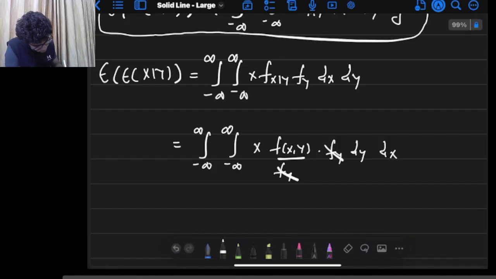I'm left with the integral from negative infinity to positive infinity, and again negative infinity to positive infinity, and f(y) and f(y) get cancelled, right?